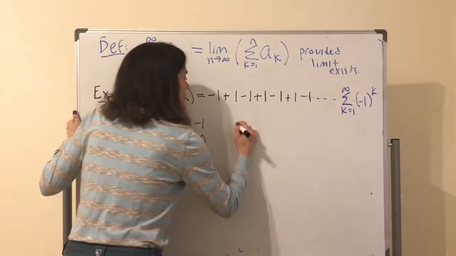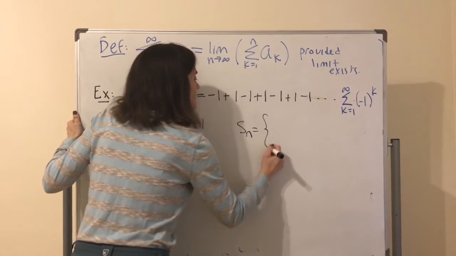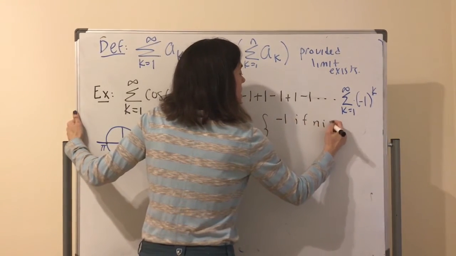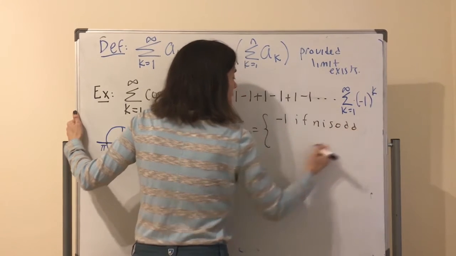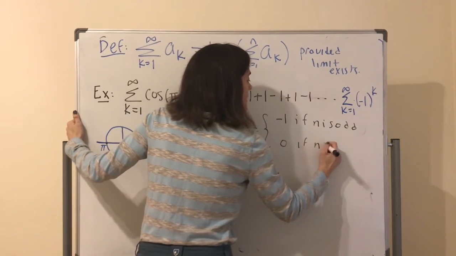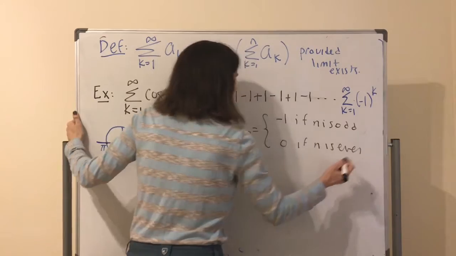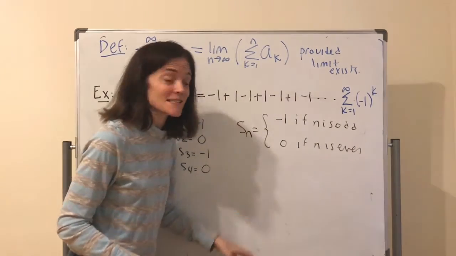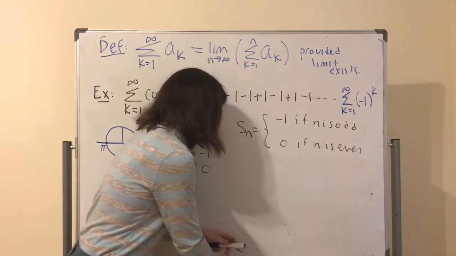So we see Sn is either -1 if n is odd, or it's 0 if n is even. And now, this sequence, the limit does not exist.